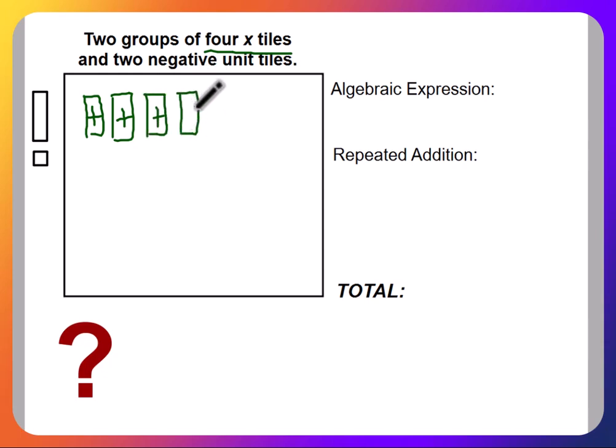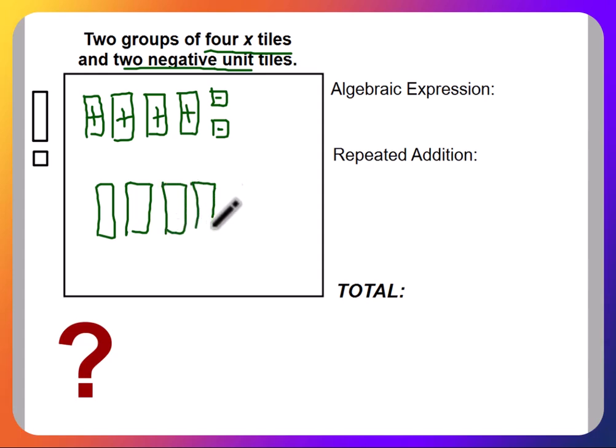And again, I'm doing mine vertically, but you could do horizontal X tiles. And 2 negative unit tiles. So 2 unit tiles. This time they are negative. So there's 1 group, but we want 2 groups. So we're going to draw it again. So 4 positive X tiles and 2 negative unit tiles.